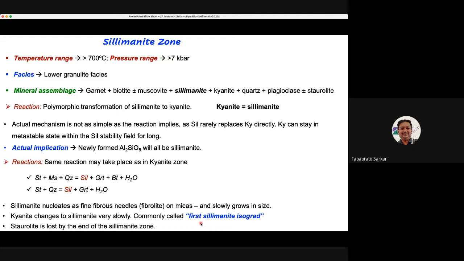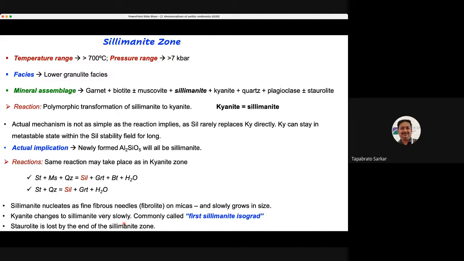The first one is the polymorphic transformation, which is just kyanite to sillimanite. Later we will see that in some reactions only sillimanite forms, and it doesn't form kyanite. Okay, so staurolite is lost by the end of the sillimanite zone. This is also important. The staurolite starts to be lost in the kyanite zone, and by the end of the sillimanite zone, it is completely lost.